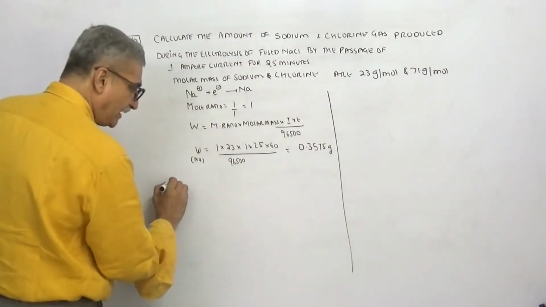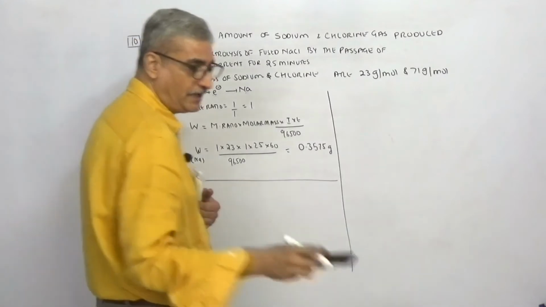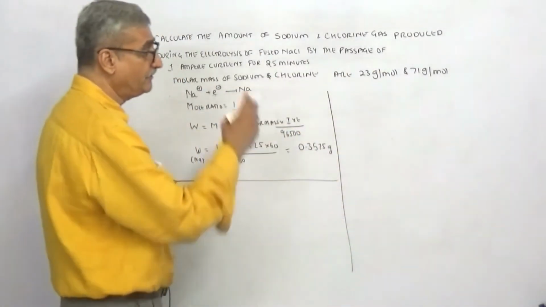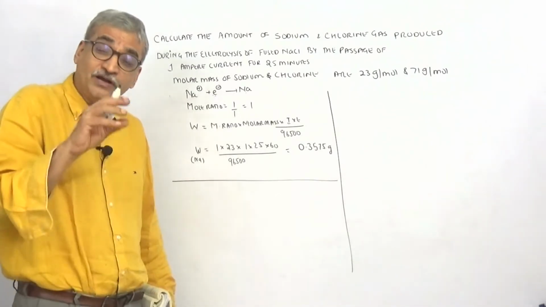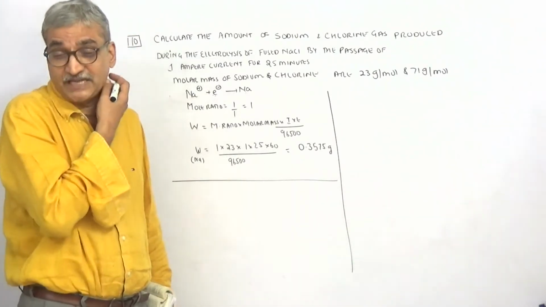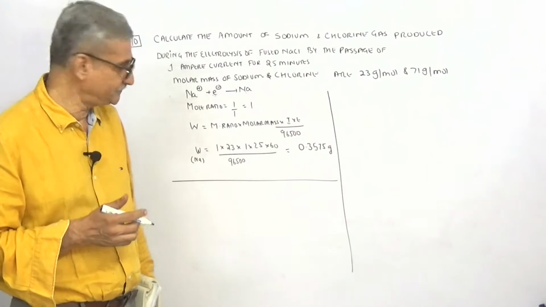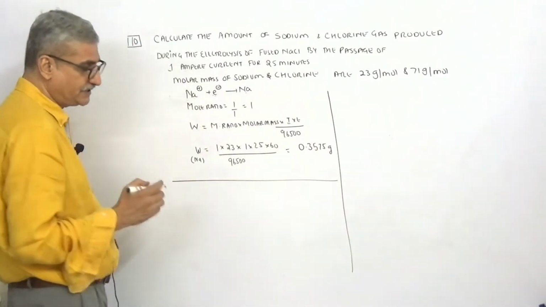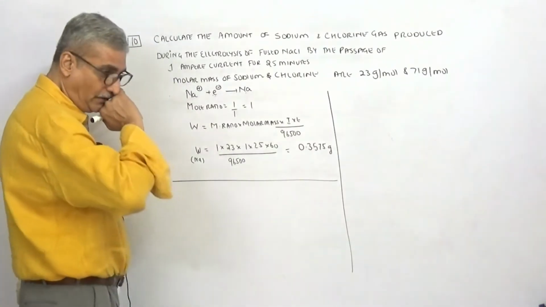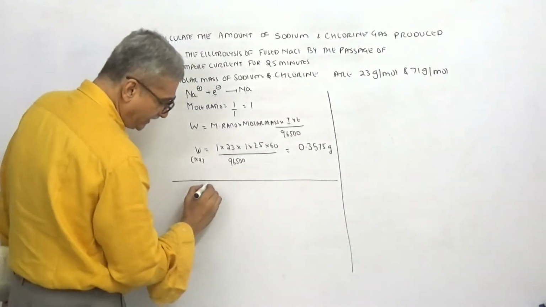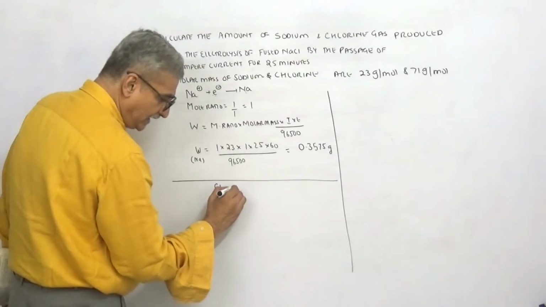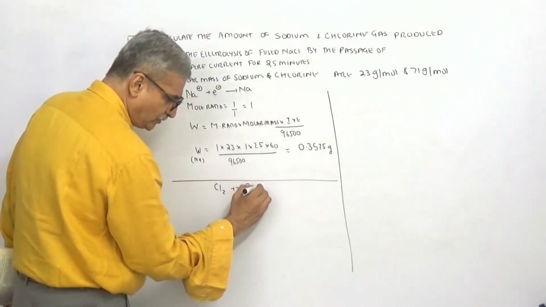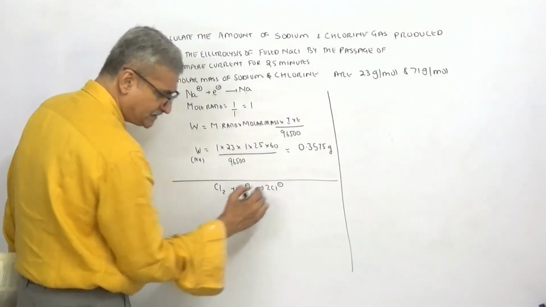In the second part of the story now, I am not trying to find out weight, as they are saying. That's easy to find, again same logic. But what if they turn the question and ask what is the volume of chlorine evolved? So only one change that you have to do. What is it? So let's write. So we have chlorine, Cl2 plus 2 electrons forms 2 Cl minus.